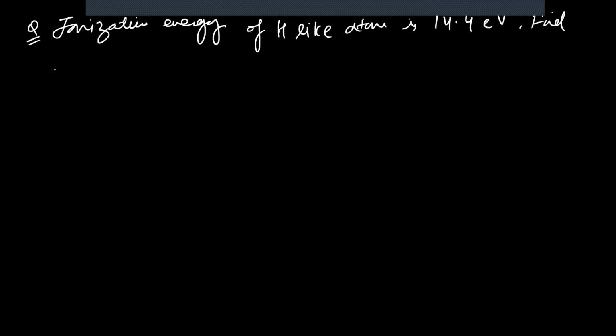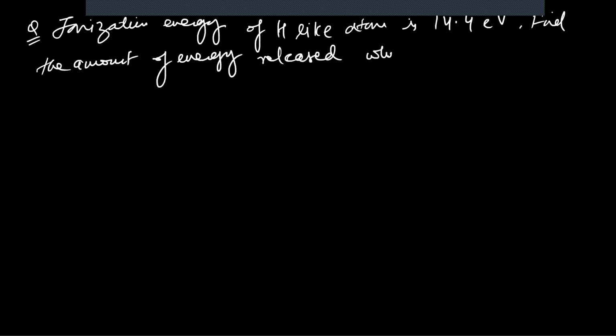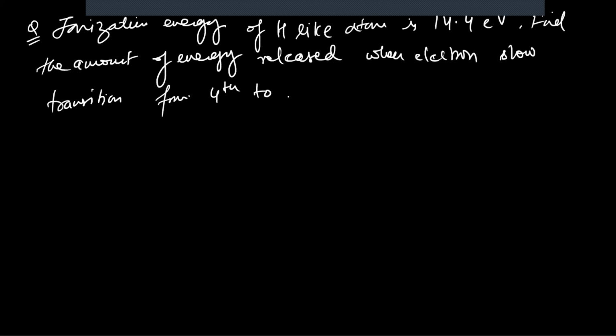Find the amount of energy released when the electron shows transition from fifth to first orbit, from fourth to first orbit.